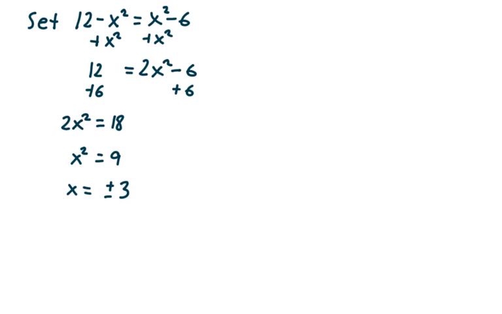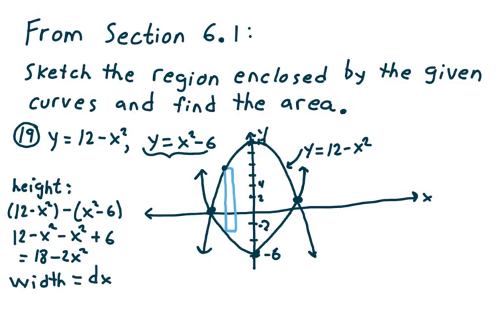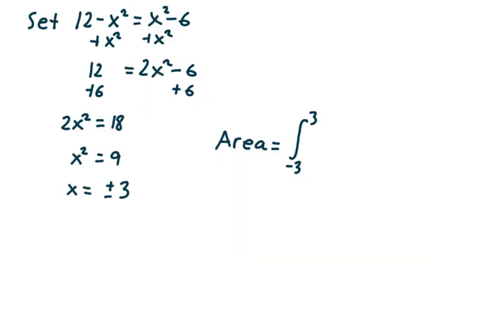Now we're ready for the punchline. Now we can get the area. The area is the integral from negative 3 to 3 of the height, which is 18 minus 2x squared, and we're going to integrate this with respect to width, dx.